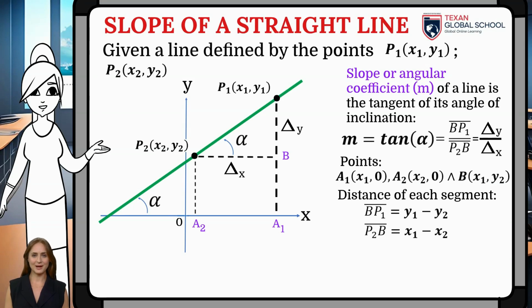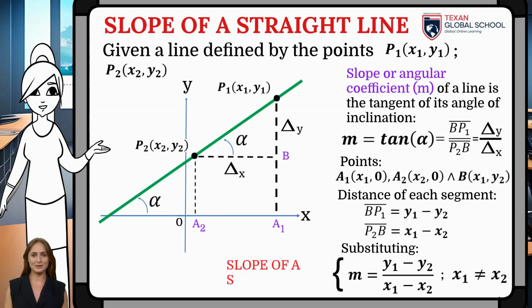Using the formula derived above to obtain the distance of a segment, side B, P1 is y1 minus y2, and side P subscript 2, B, is x1 minus x2. By substituting, the slope of a line, also called the angular coefficient, can be calculated as the tangent of the angle of inclination alpha, or as the quotient of the difference of the ordinates over the difference of the abscisses.